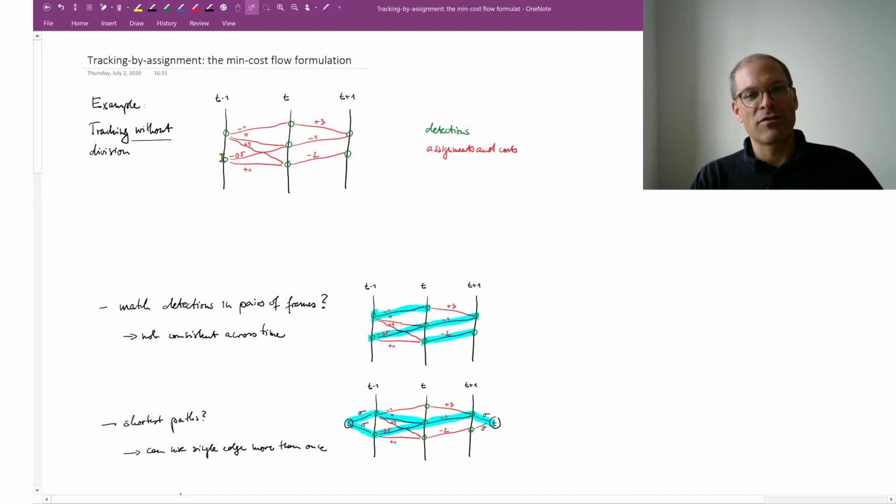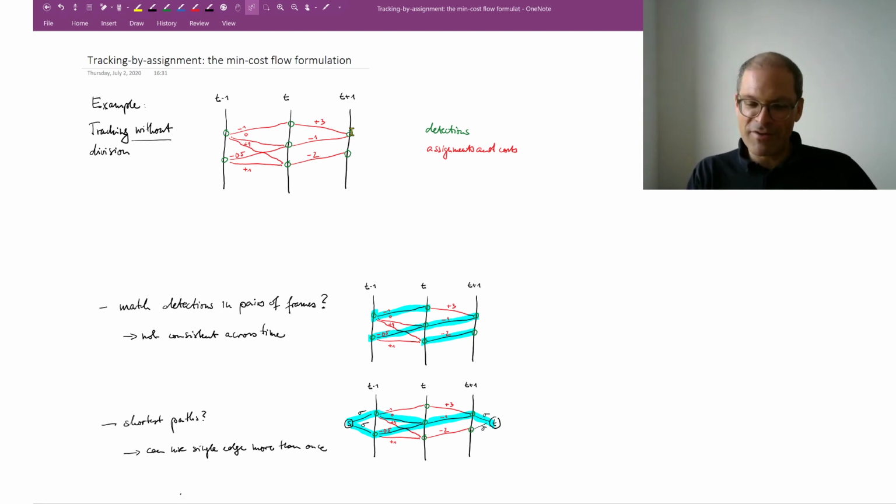So for example, we could consider these distances, and that's also a little bit what I tried to do in this plot here, that bigger distances tend to have bigger costs. But you can also take into account things like, all right, there's a detection here, there's a detection there. How similar are they in appearance? If they're very dissimilar in appearance, then probably you want a high association cost.